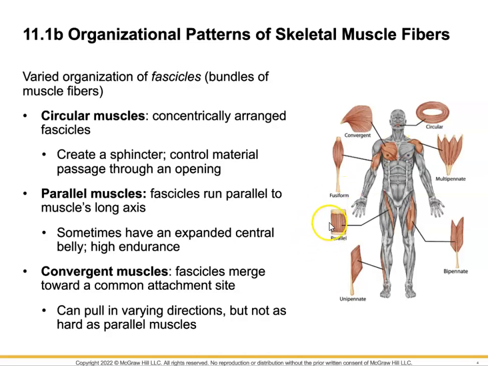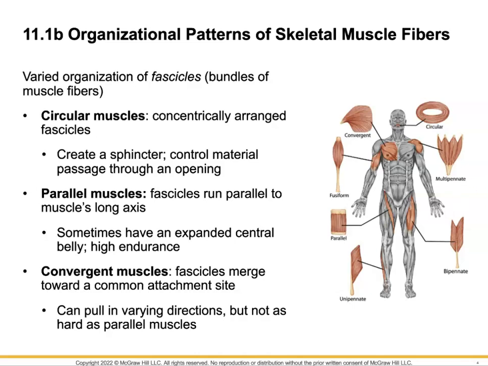Parallel muscles, very much like we saw on the biceps brachii, we also see on a lot of the thigh muscles. So the fascicles run parallel to the muscle's long axis. Now, sometimes, like you saw with the biceps brachii, they will have that extended belly portion. These muscles have very high endurance and they tire very slowly.